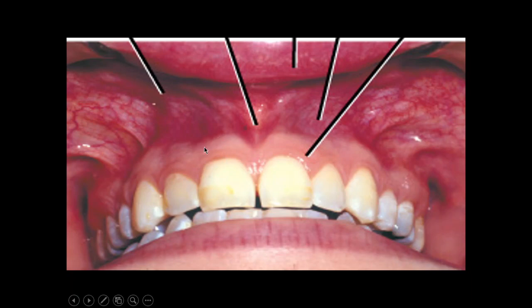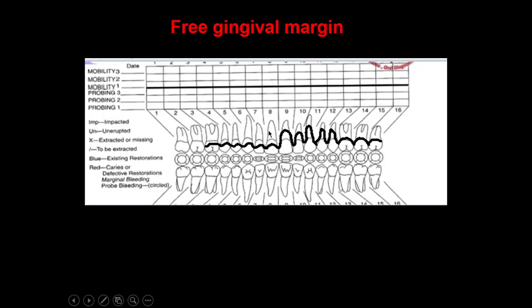Then we see the mucogingival line and the vestibular mucosa, or the lingual or the labial mucosa. So the free gingival margin, we draw it according to its position. For example, here we found it at the CEJ. Here we have a recession.